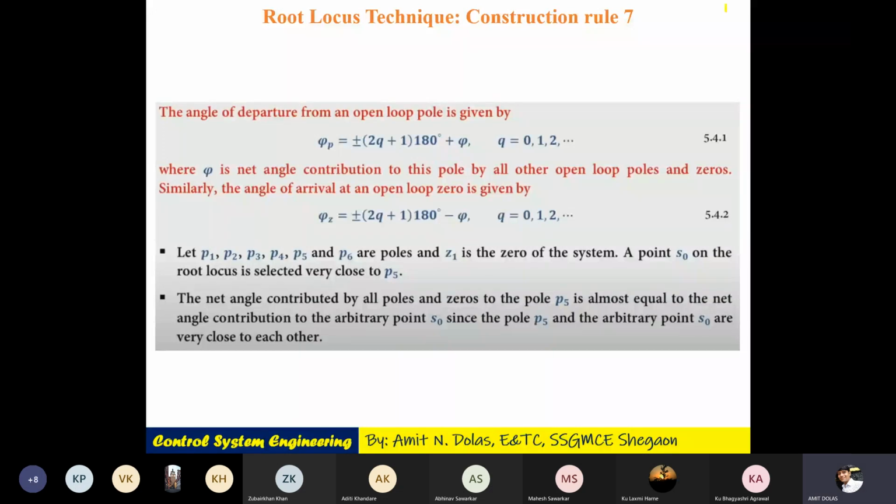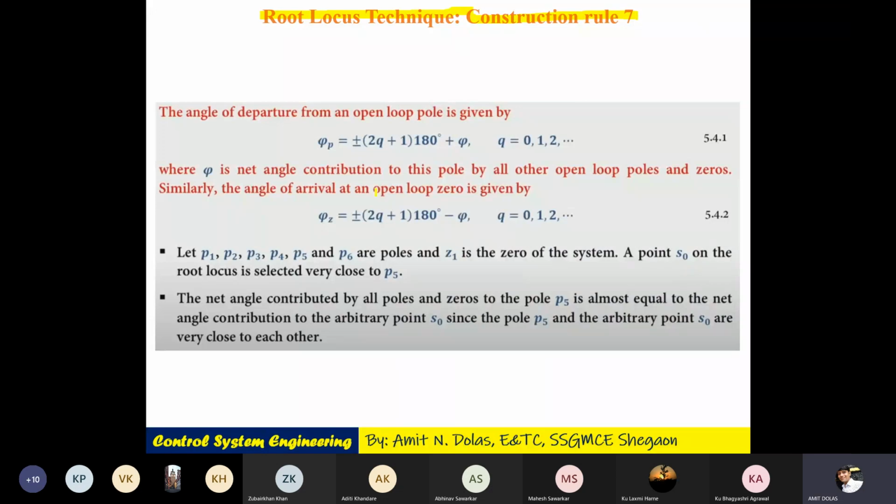In fact, unit number 3 is already over in the last lecture, but the examples that we conducted are less. So today we'll be solving several numericals on root locus, so the concept will be more clear to you. Okay, so here the root locus technique, construction rule 7.